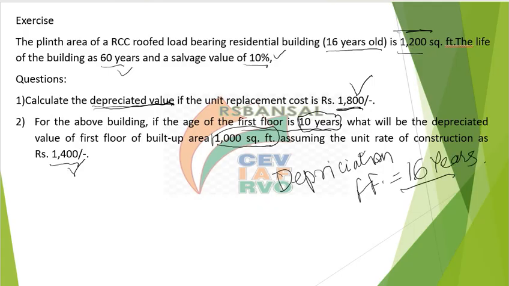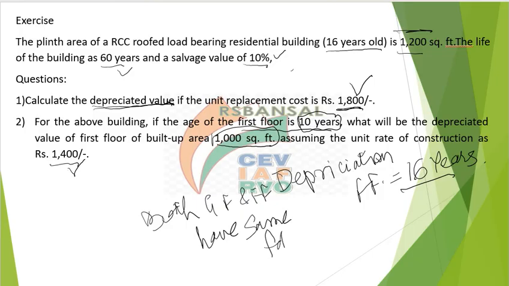Because both the ground floor and first floor have the same foundation. If the foundation is the same, depreciation will be for the same year. So you have to consider this.